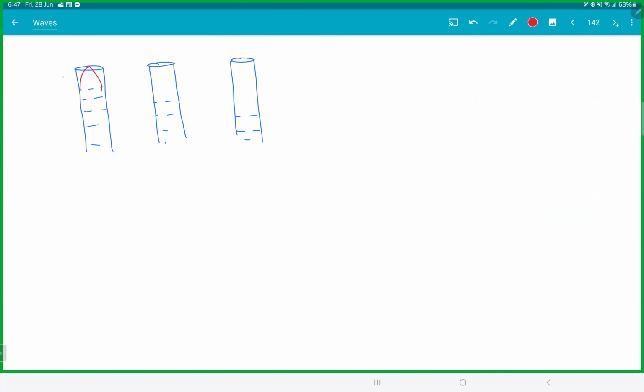This is the first one, so this length would be L1. This is L1 plus E, and don't forget the end correction. This would be like this. This is L2 plus E. This is the second one. This would be like this. This is L3 plus E. Now, one thing you can clearly notice here, if you take (L2 plus E) minus (L1 plus E), the difference should be lambda by 2.